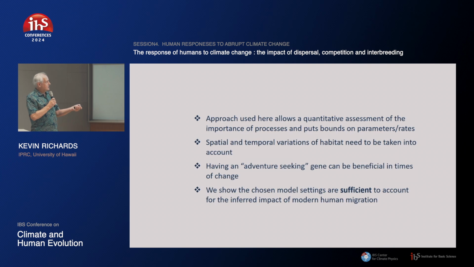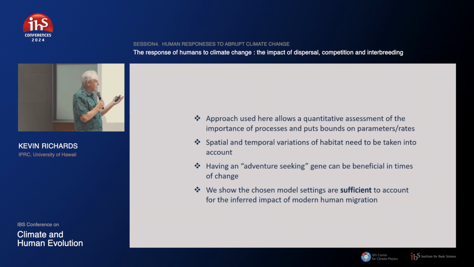And although we skipped through things, we've chosen model settings that are sufficient to account for the inferred impact of modern human migration, in the sense that the first wave of Homo sapiens survives only because of the climate variation, and we get coexistence.